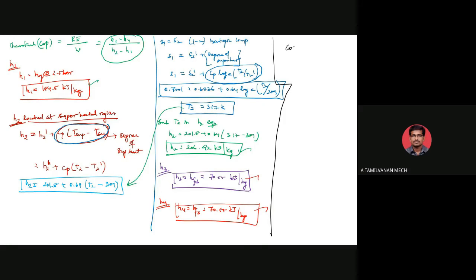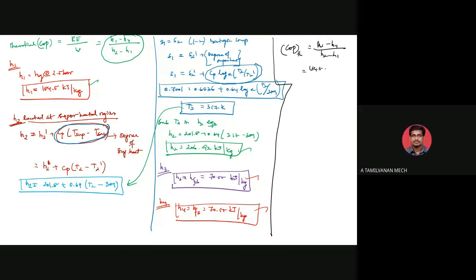COP theoretical. You already know the formula, that is H1 minus H4 divided by H2 minus H1, that is refrigeration effect divided by work done. H1 value, do you know how much? 184.5, sir.